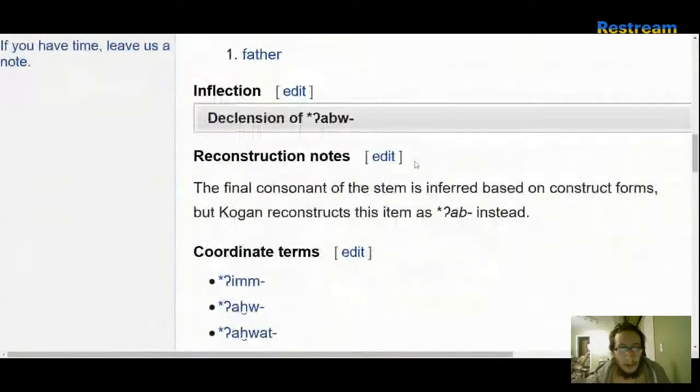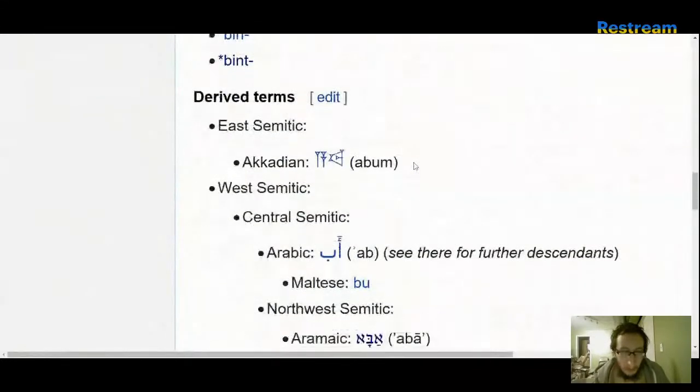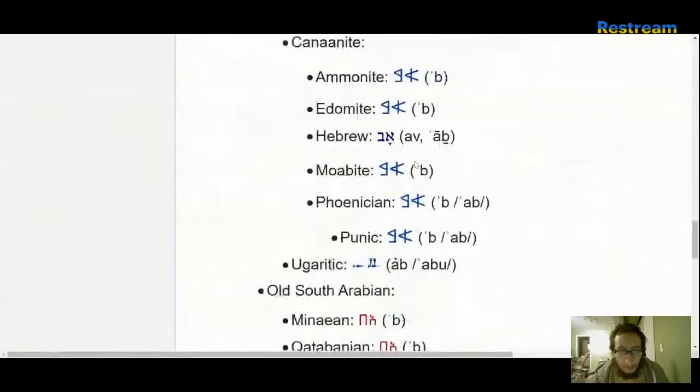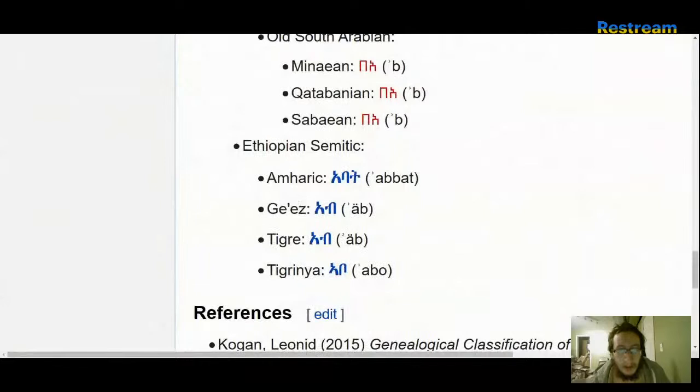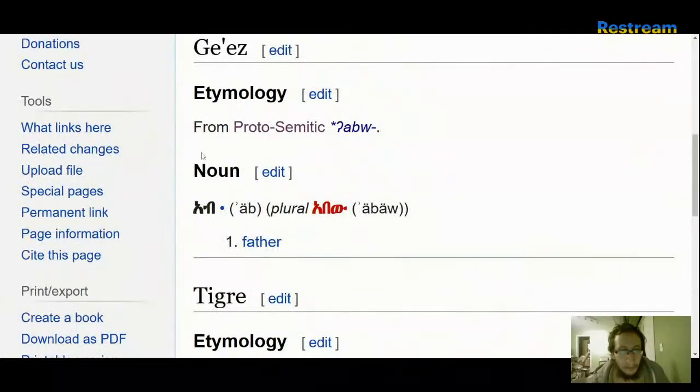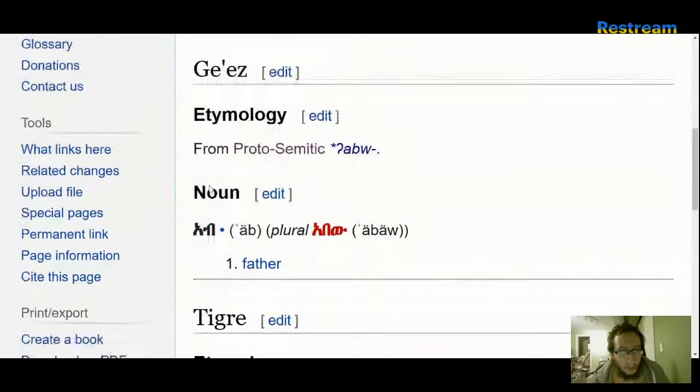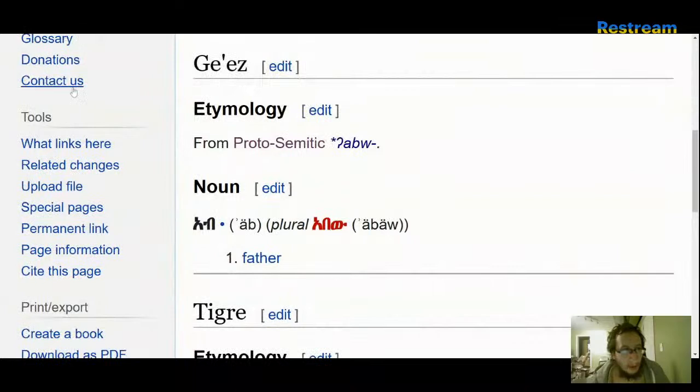Now we're going to see the different Semitic languages where this same word occurs. So you have it in Ethiopian. The Ethiopian language, Ge'ez, is Ab. This word right here, Ab. So it's literally the same exact word, essentially pronounced the same.